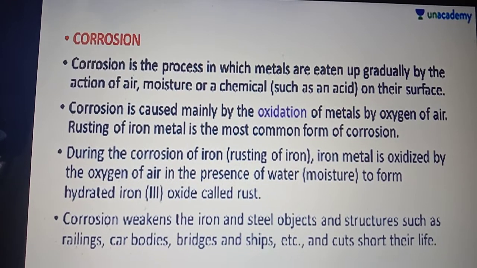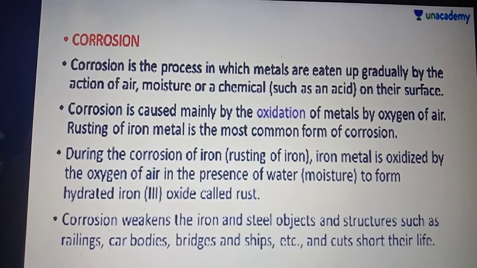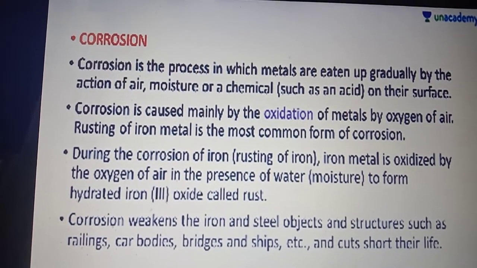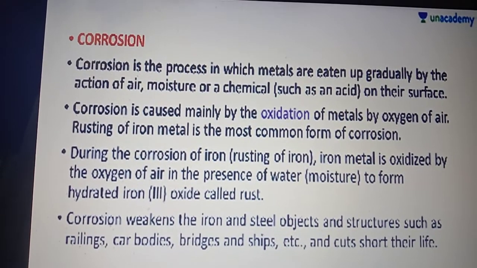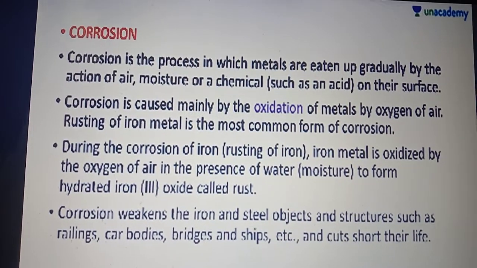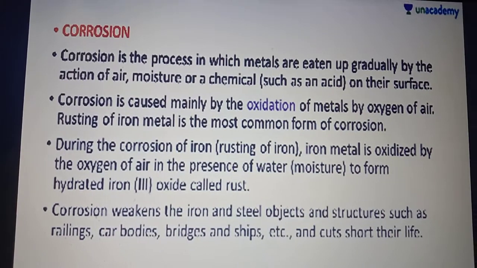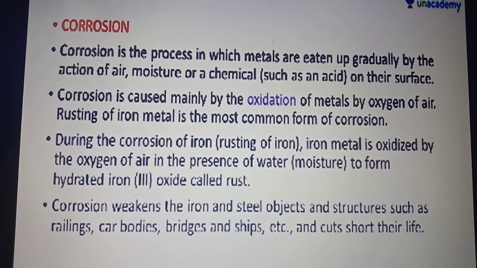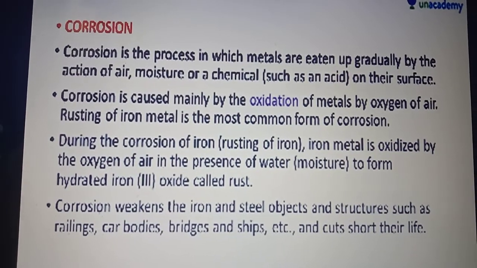So these are the two conditions for corrosion of iron or for the rusting of iron to take place. First is oxygen and second is water content, or we can say that rusting can take place only in moist air or in damp air, not in dry air.